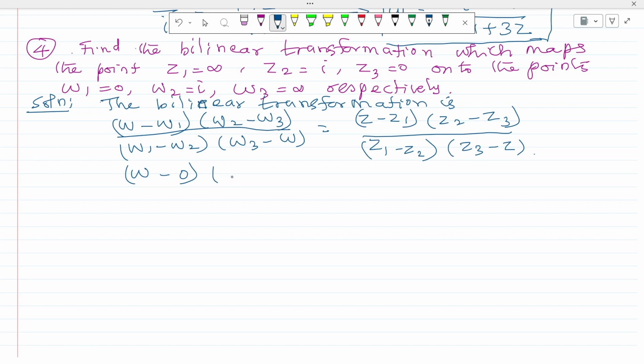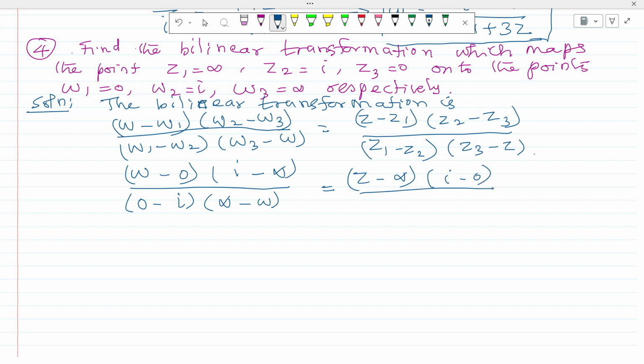W2 is I, minus W3 is infinity, divided by W1 is 0 minus W2 is I, W3 is infinity minus W equal to Z minus infinity, Z2 minus Z3, I minus 0, divided by Z1 minus Z2, infinity minus I, then 0 minus Z.